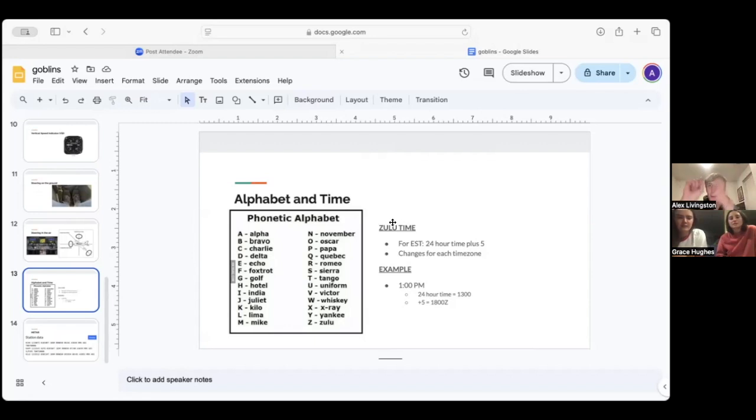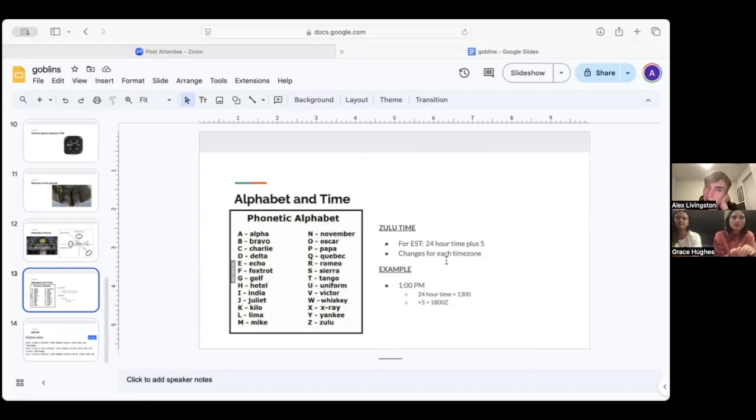We're all in Eastern Standard Time right now. I'm in Ohio, but it just switched from Eastern Daylight Time. It used to be +4, now it's +5 because of standard time. Basically, all it is is 24-hour time +5.